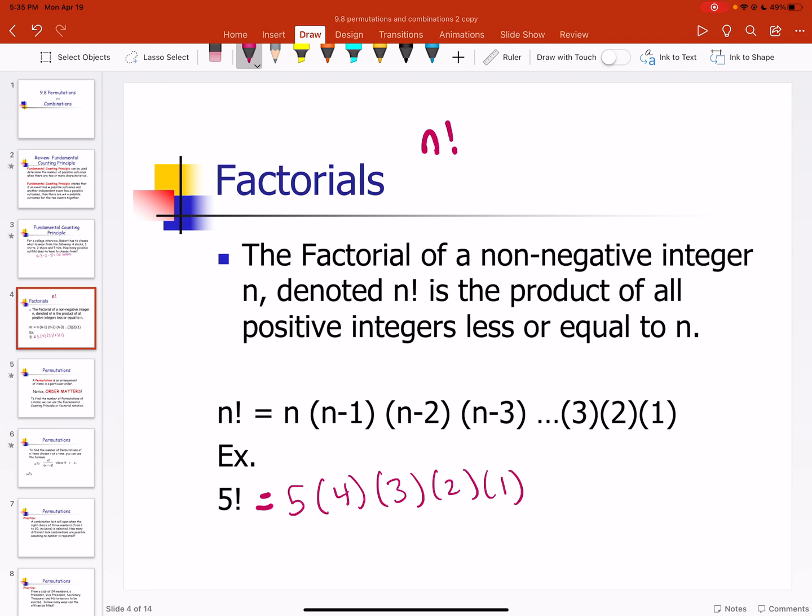So we're multiplying 5 times 4 times 3 times 2 times 1, which is 120. So 5 factorial in this case was the same as the other outcomes, but what a factorial does is you just multiply each number until you get all the way down to 1.